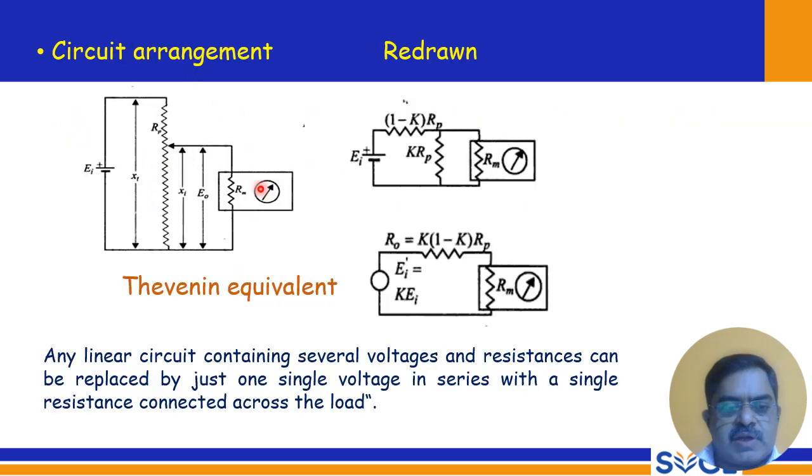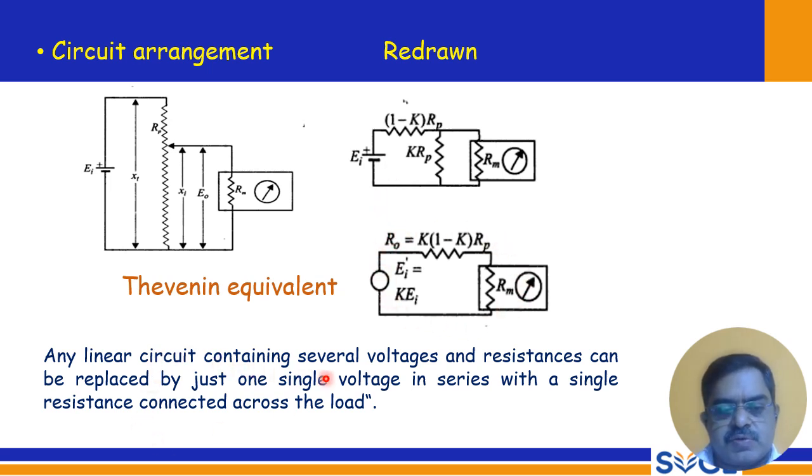We can see its equivalent circuit diagram here. So this is the circuit arrangement. The Thevenin equivalent circuit diagram is redrawn here. So this is Ei and this is Xi, this is E0, and this is Rp and this is Rm. When you redraw this diagram using the Thevenin theorem, this is a simplified diagram, and again this is the simplified diagram using the same theorem.